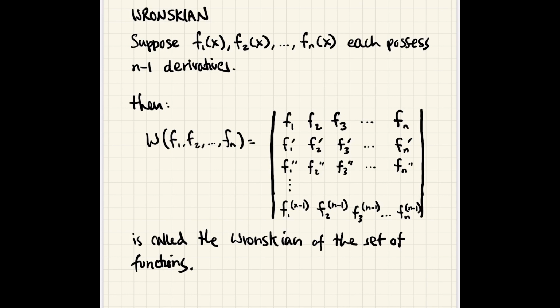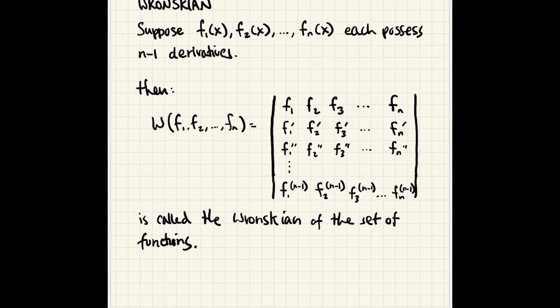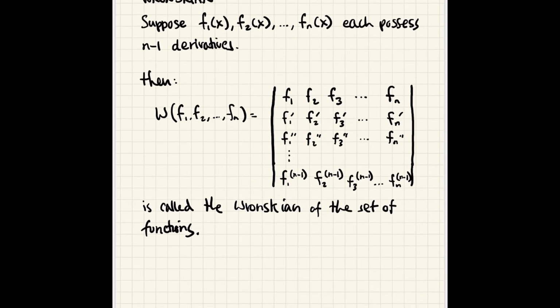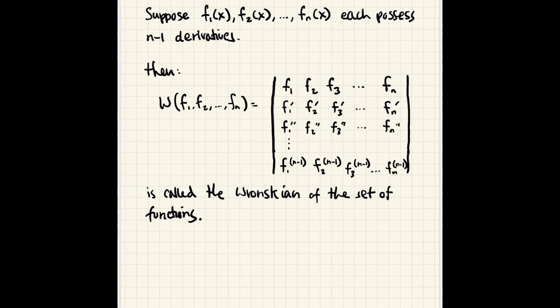Okay, super cool. So we have this incredible fact, which is that if the Wronskian is non-zero for all the x values in an interval, then the set of functions is linearly independent.